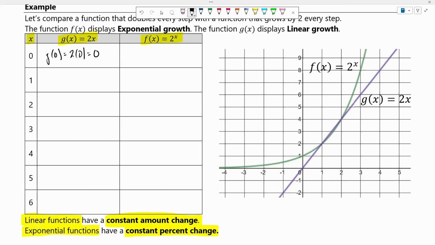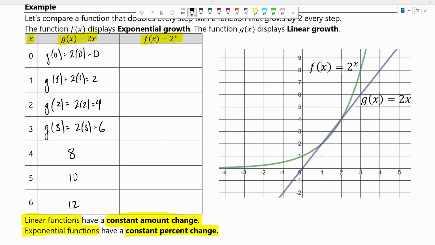G of 1 is 2 times 1, which is 2. G of 2 is 2 times 2, 4. G of 3, 2 times 3, 6. And hopefully you can see the next ones are going to be 8, 10, 12, at least for a linear one.